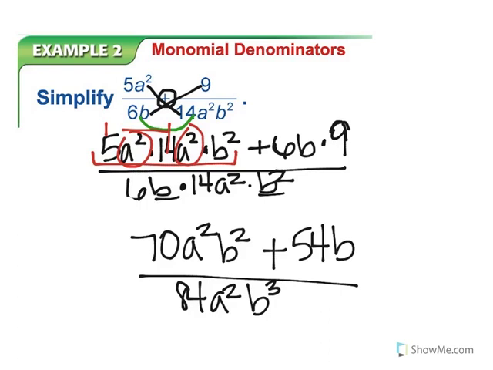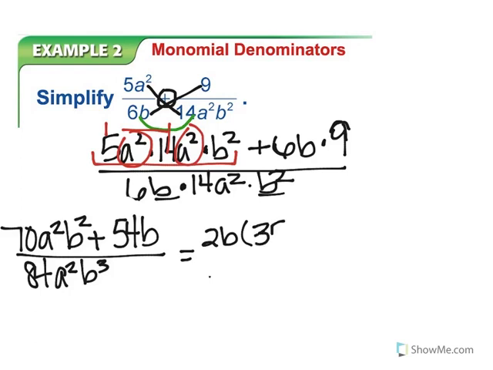Alright, so we're not fully done yet, because we have several factors that we can actually factor out to simplify. I'm going to factor the top, and I can factor out a factor of 2, and I can also factor out a b.